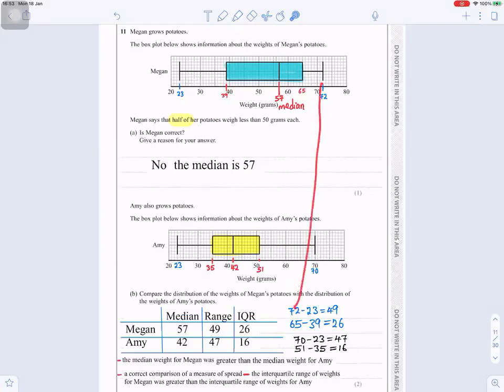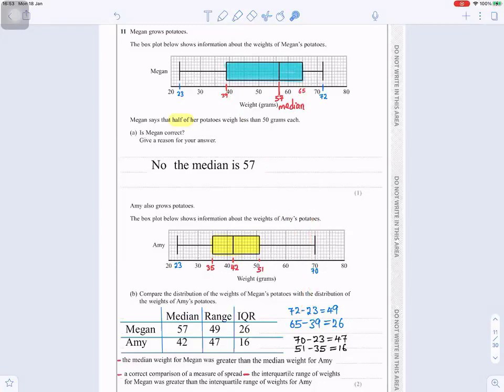For Megan, the interquartile range is given by the upper quartile, which is 65, minus the lower quartile, which is 39. 65 minus 39 gives you 26.